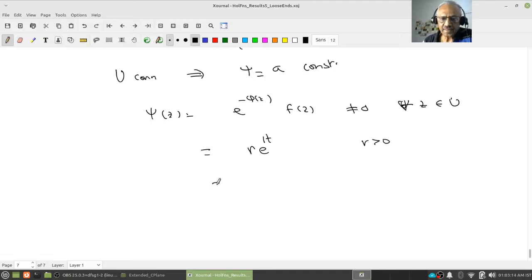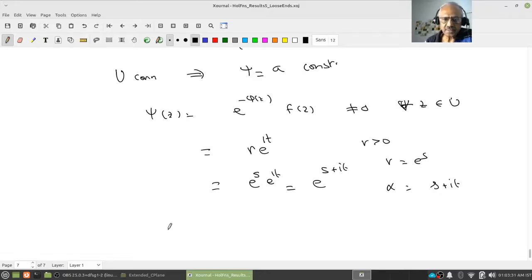But this r itself I can write as e power s, times e power it, so this is e power s plus it. So let alpha equal s plus it.